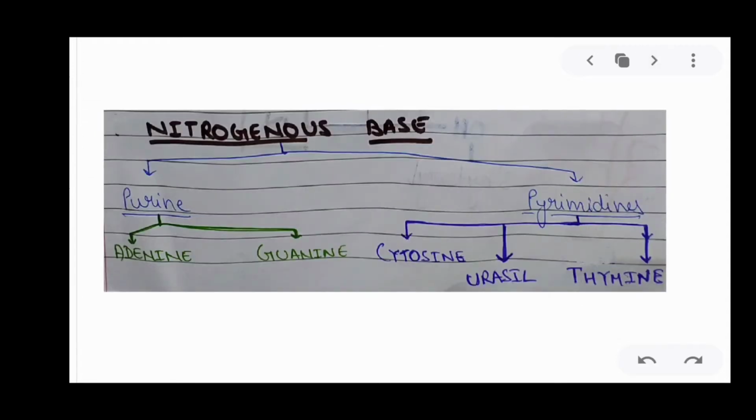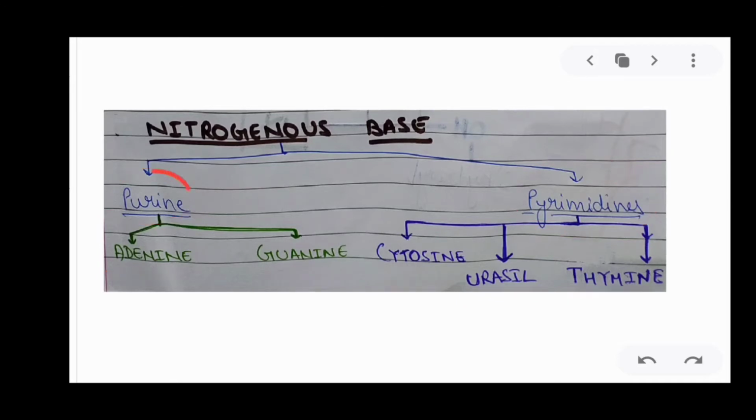So we saw that the nitrogenous bases are present in both the nucleotide and the nucleoside. But there are two types of nitrogenous bases: purines and pyrimidines. For the purines, we have adenine and guanine, and for the pyrimidines we have cytosine, uracil, and thymine.